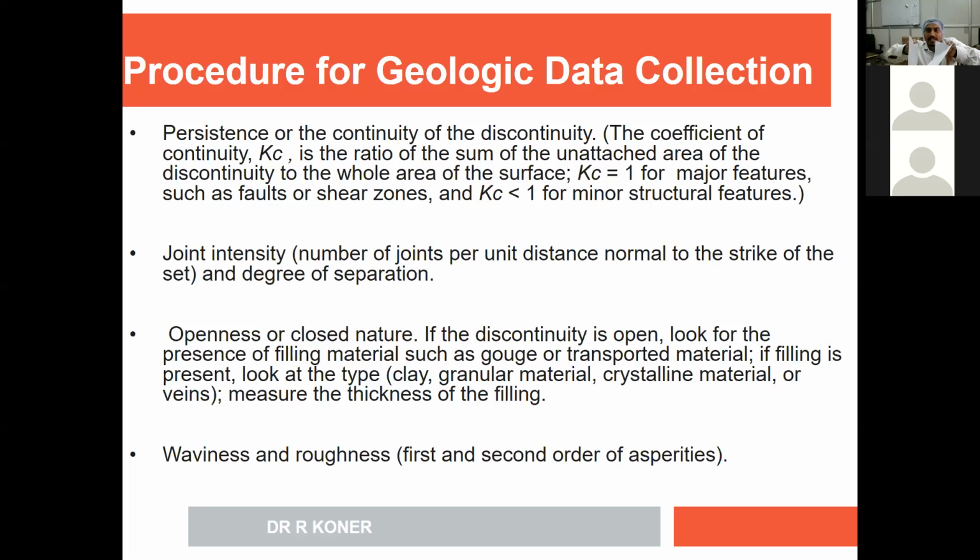If it is open, there is a possibility that this open part is filled with infilling material or gouge material. If there is gouge material, then you have to collect that gouge material and test in the laboratory the amount of shear resistance offered by that particular gouge material.